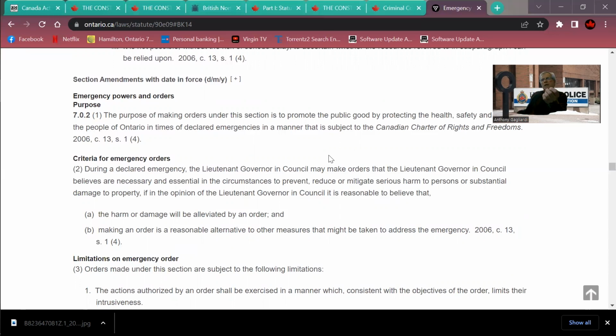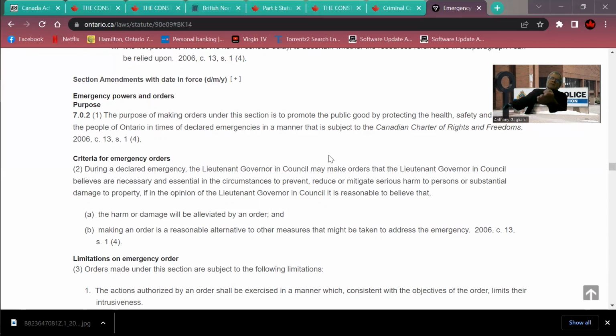Section 3 basically states that the lieutenant governor of the province of Ontario can extend orders. In section 5, the lieutenant governor can revoke orders. And in section 11, the premier shall report to the public on the emergency. So it's only the lieutenant governor for provincial that can do these things. The premier reports, and federally, it's the same thing. It's the governor general, and the prime minister is basically a reporter.